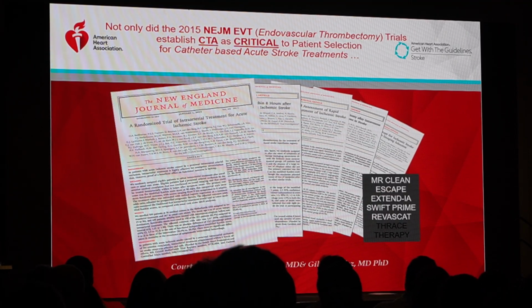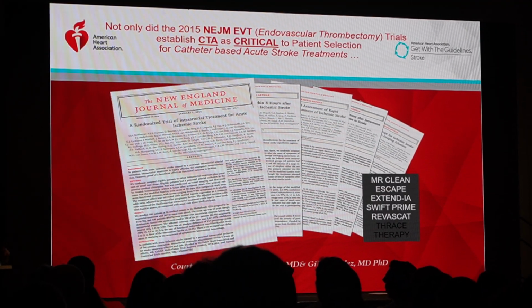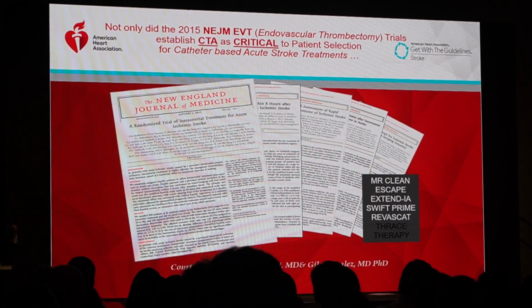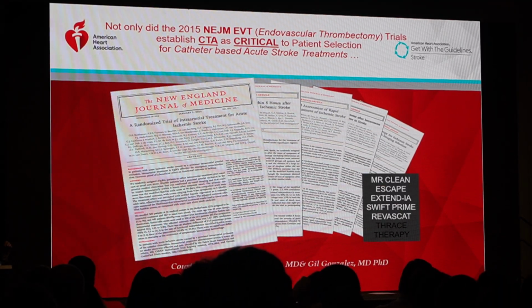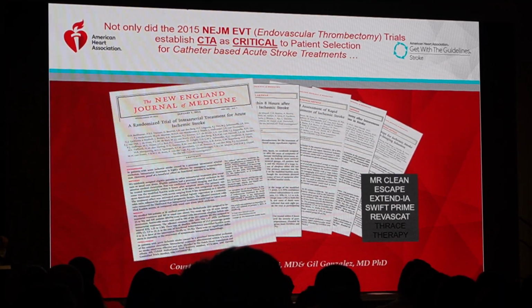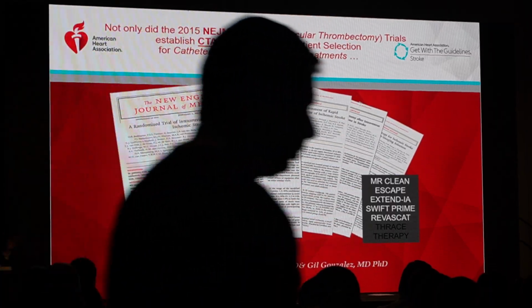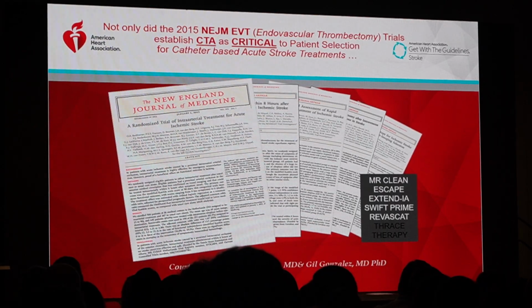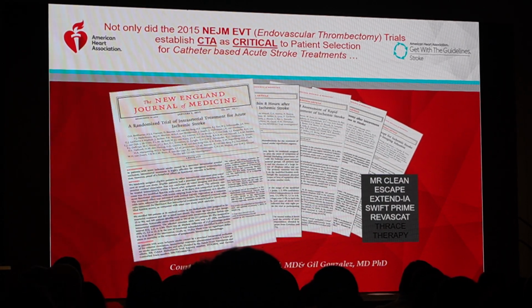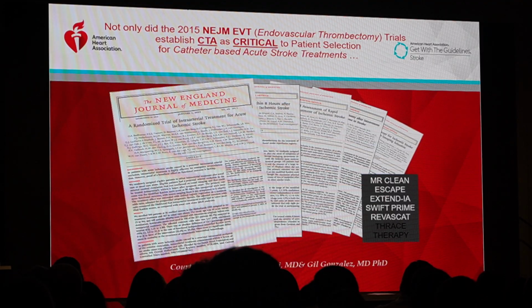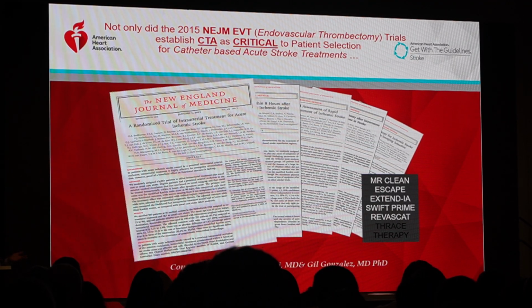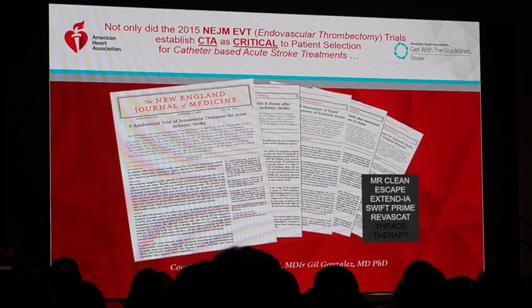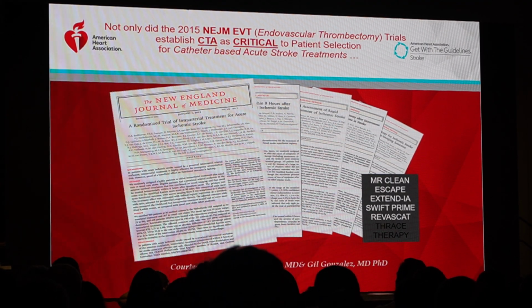They failed to prove thrombectomy works, and a big part of the reason, we could give a 2-hour talk just on this one slide, but a big part of the reason is that here's the bottom line: they were only using the non-contrast CT for the triage. They didn't have a CTA. And they were selecting a lot of patients who just didn't have large vessel occlusions, but they got included in the analysis. It was an intention to treat analysis. So it diluted all the results.